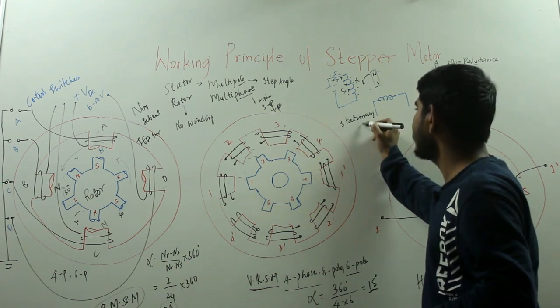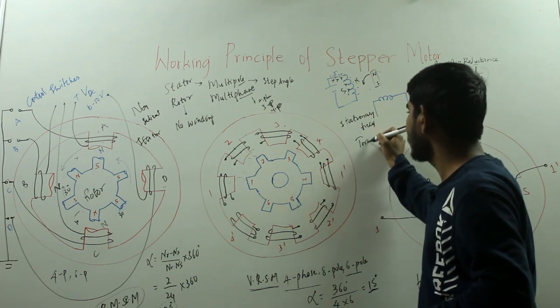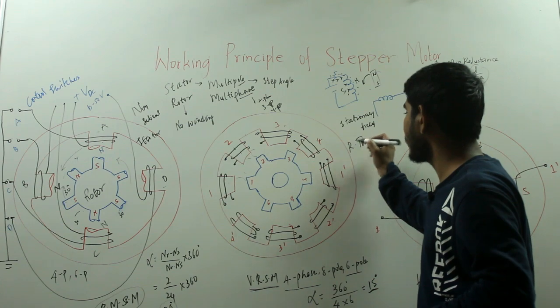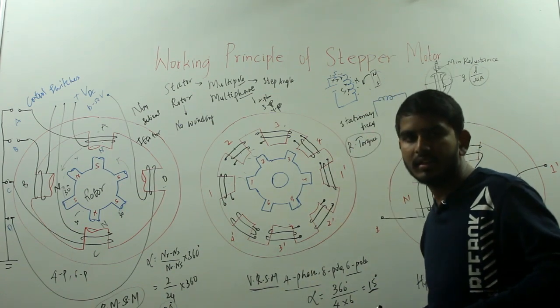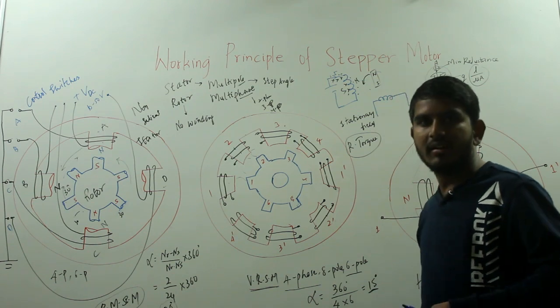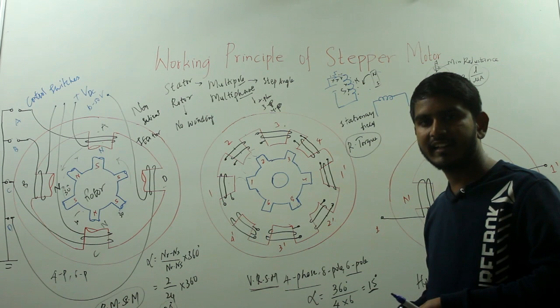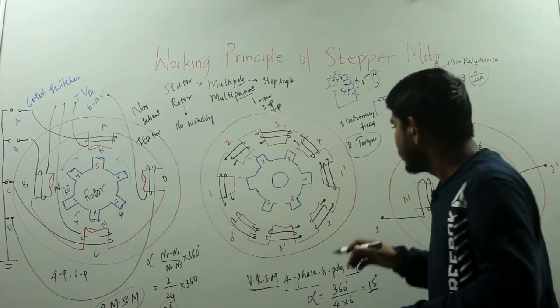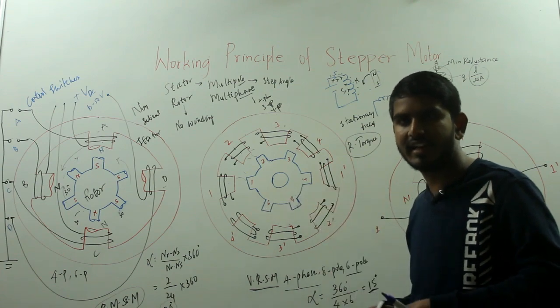This stationary field will generate a torque, or you can say a reluctance torque, and this reluctance torque will move your rotor where the reluctance of the flux path is minimum. So where the magnetic reluctance will be minimum, there the rotor moves and aligns with the stator phases.